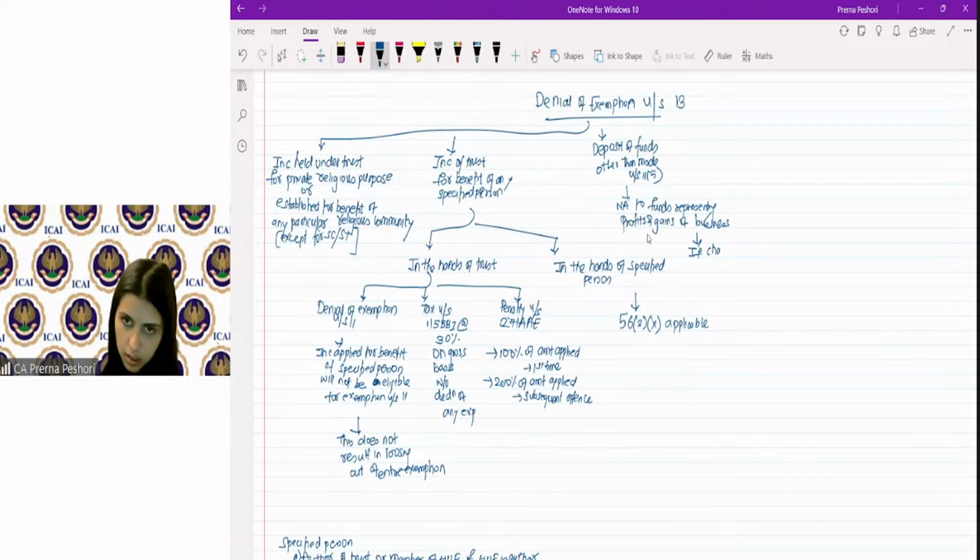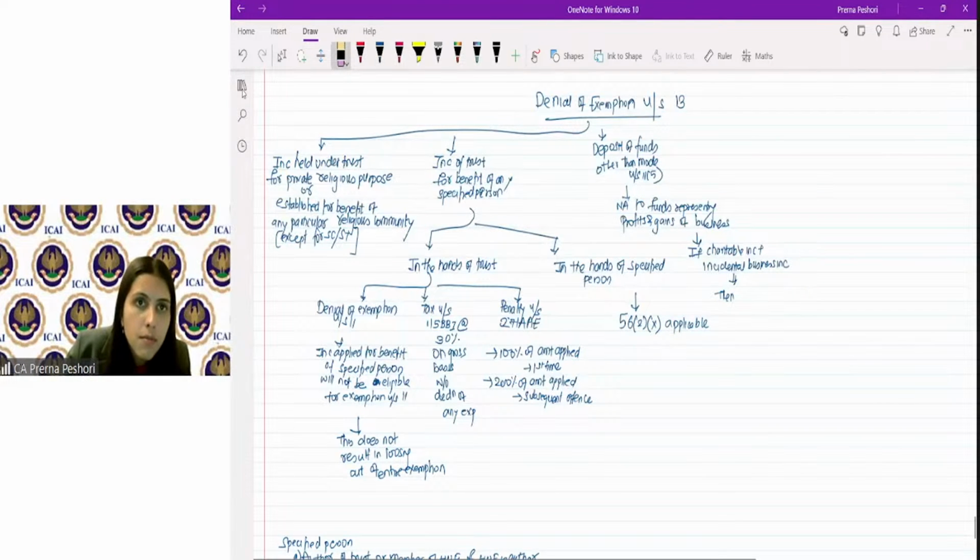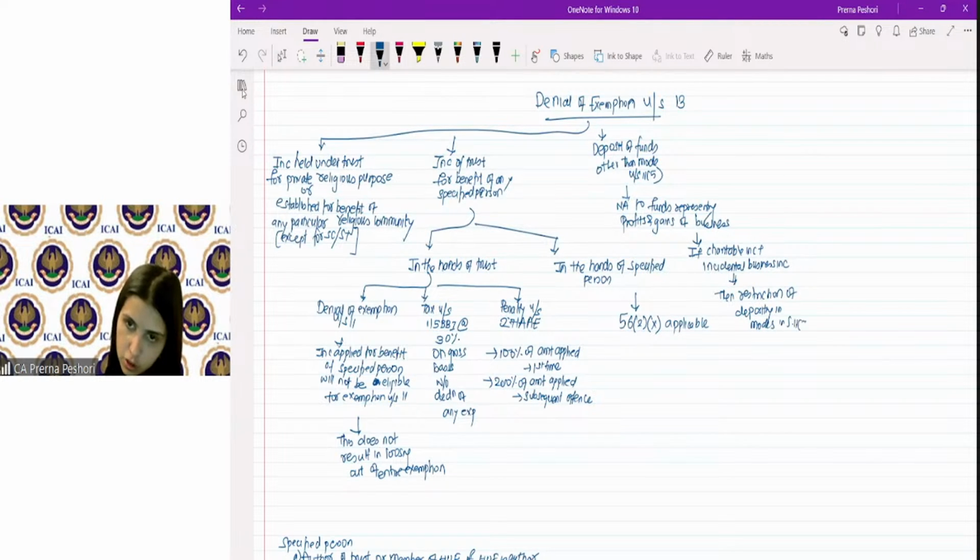If charitable income plus incidental business income, then in that particular case, the income to the extent of such deposits, then the restriction of depositing in modes in section 11(5) is applicable. Okay, fine.